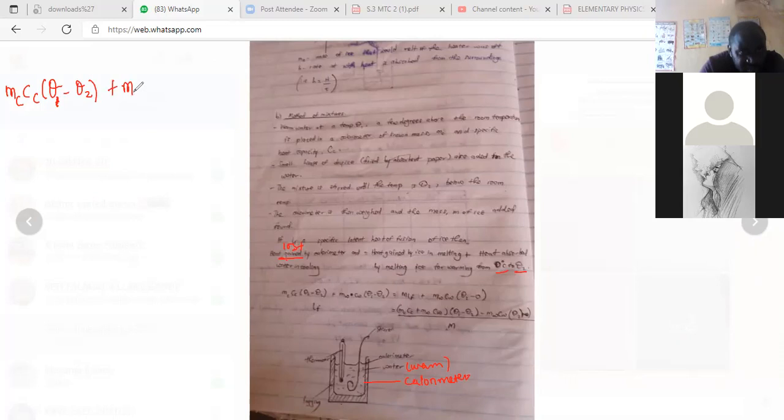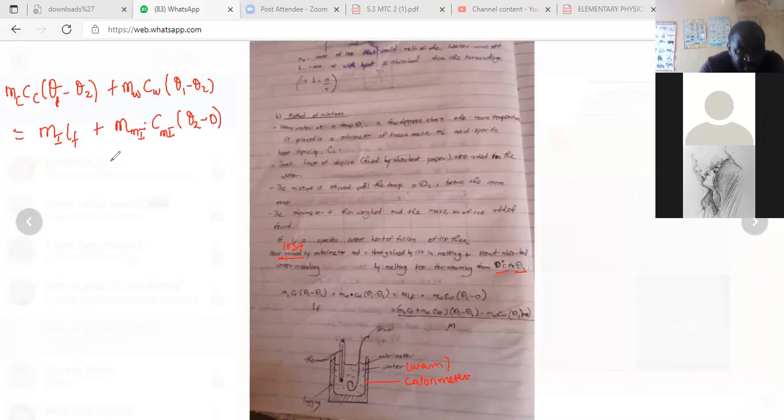Plus mass of the water, specific heat capacity of the warm water, temperature change of the warm water, which is the same as that of the calorimeter, should give us the heat gained by melting ice, mass of the ice, latent heat of fusion of ice, plus mass of melted ice, times specific heat capacity of the melted ice, times the temperature change of the melted ice from θ2 minus 0.